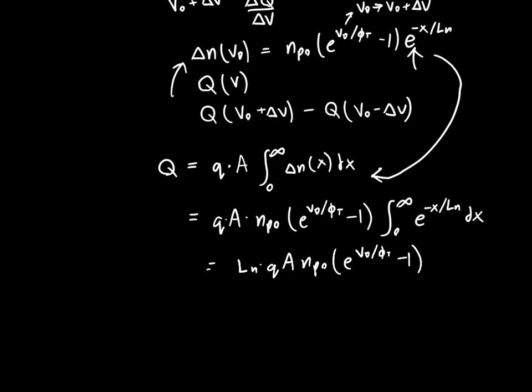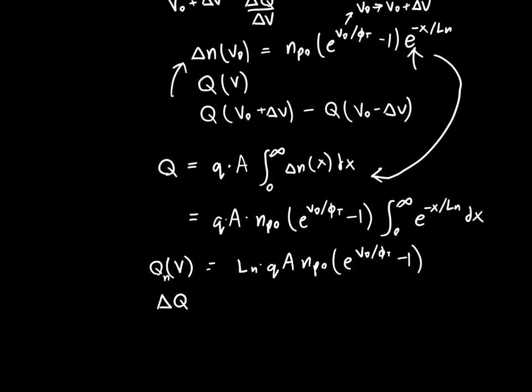And so this is the total charge due to the electrons in the diode as a function of the voltage. And you can see that it's a nonlinear function. And so if we're interested in creating a linear model out of this, we're going to find the change in charge, delta Q, instead of the total charge.